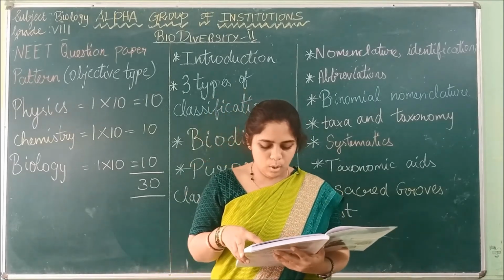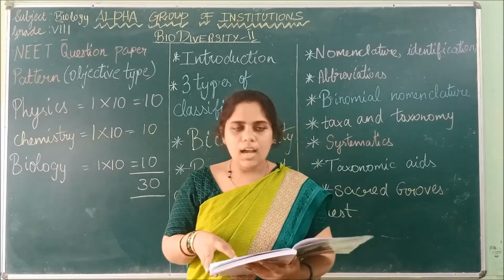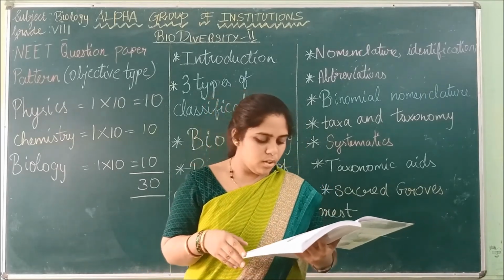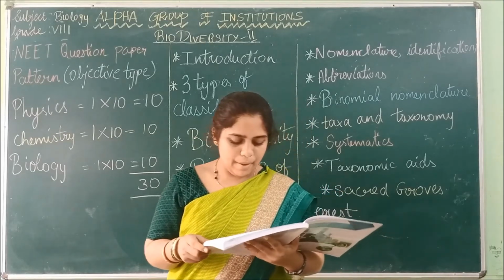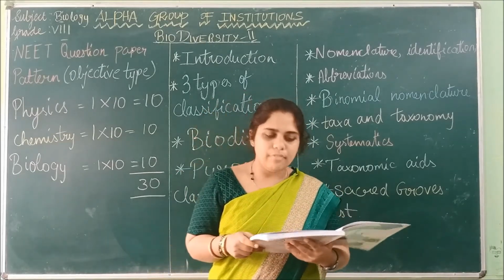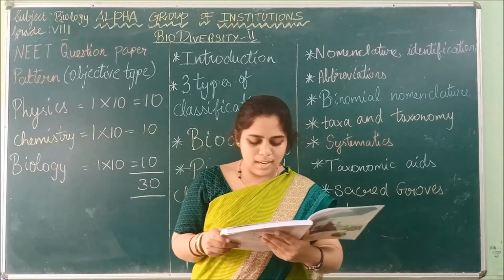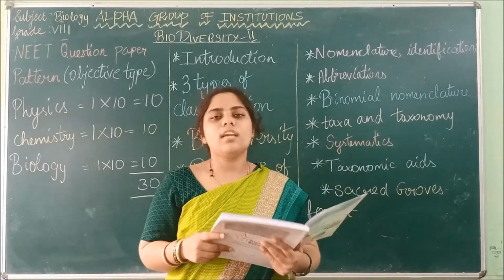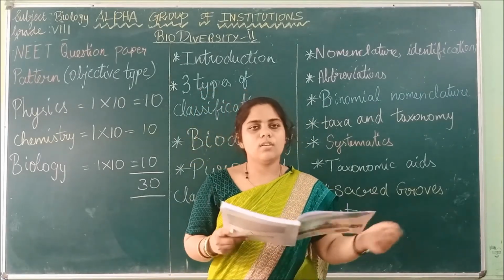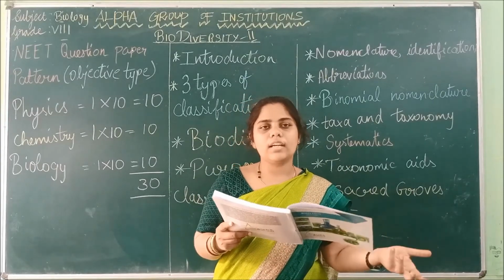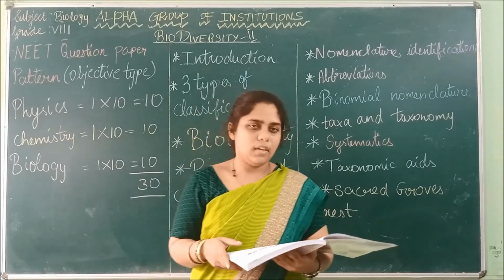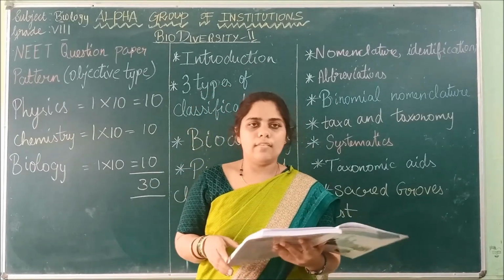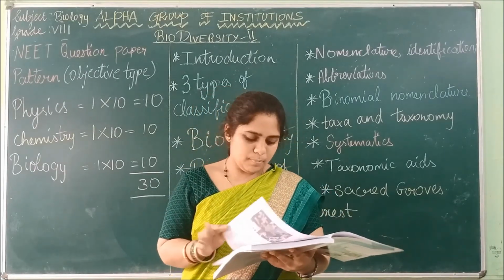Primitives are lower organisms, advanced are higher organisms, that you should know. And under the phylogenetic classification, the 2nd paragraph: this phylogenetic classification is based on the evolutionary history of species. So the main criteria of phylogenetic classification is dash. Means you should be able to write evolutionary history of species.